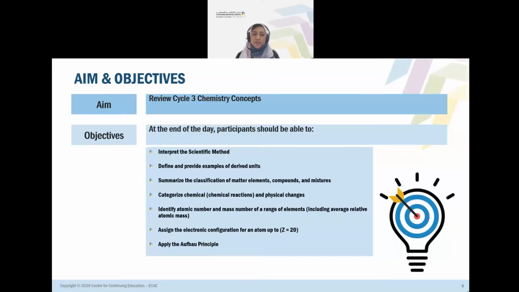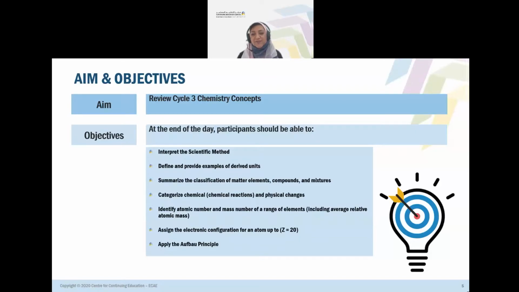The objectives of the day are, well, we're hopeful that you will go away being able to interpret the scientific method, define and provide examples of derived units, summarize the classification of matter into elements, compounds, and mixtures, be able to categorize chemical and physical changes, be able to identify atomic number and mass number of a range of different elements, be able to assign the electronic configuration of an atom up to Z, and finally apply the Aufbau principle.